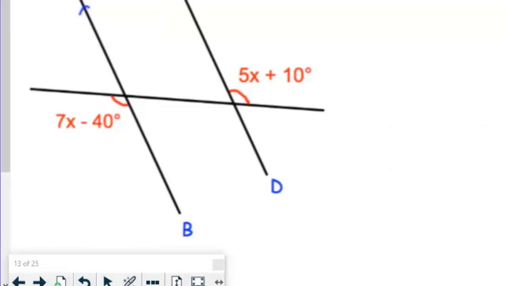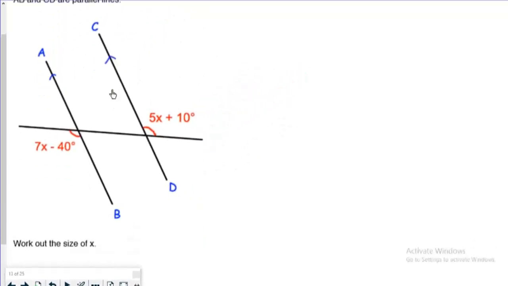AB and CD are parallel lines. Work out the size of X. Look out for an F pattern. Good.